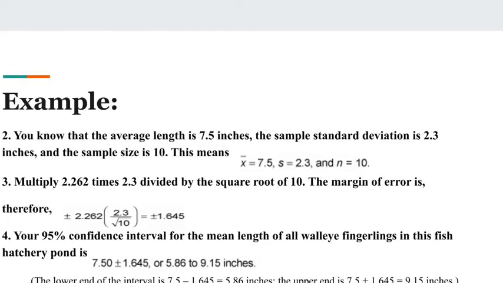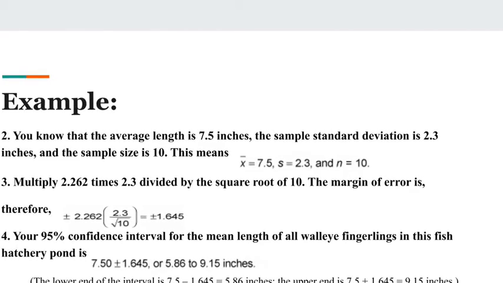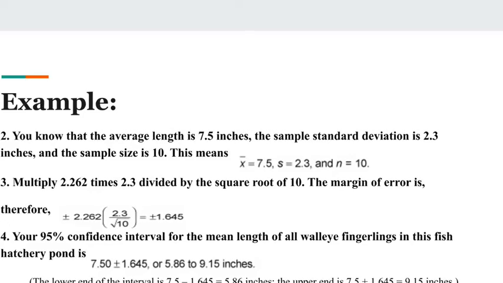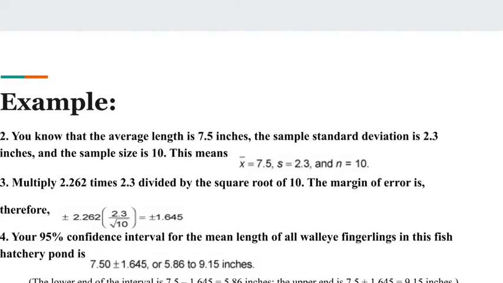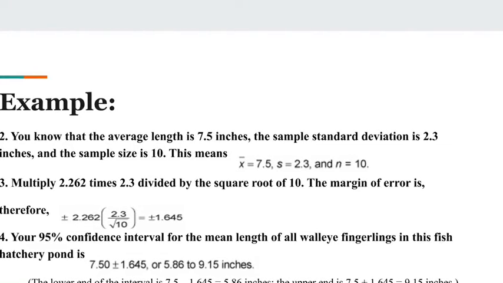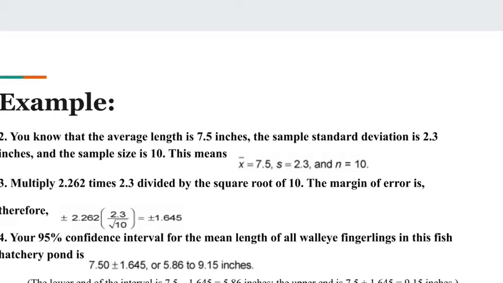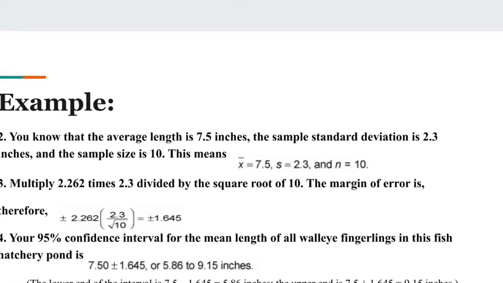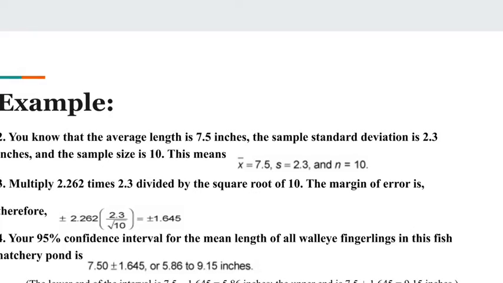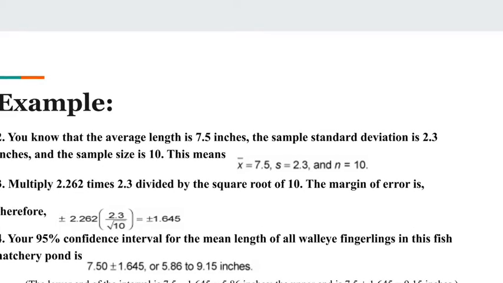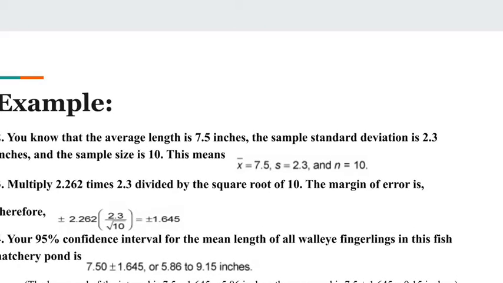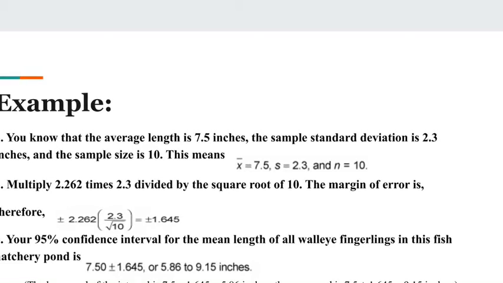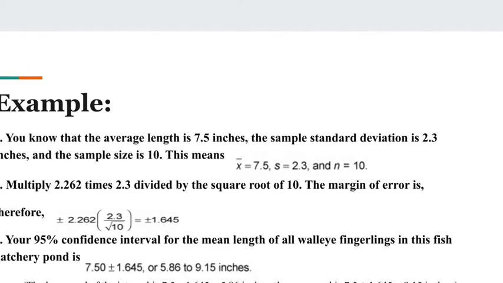Number 2. You know that the average length is 7.5 inches. The sample standard deviation is 2.3 inches, and the sample size is 10. This means x-bar is 7.5, s is 2.3, and n equals 10. Number 3. Multiply 2.262 times 2.3 divided by the square root of 10.